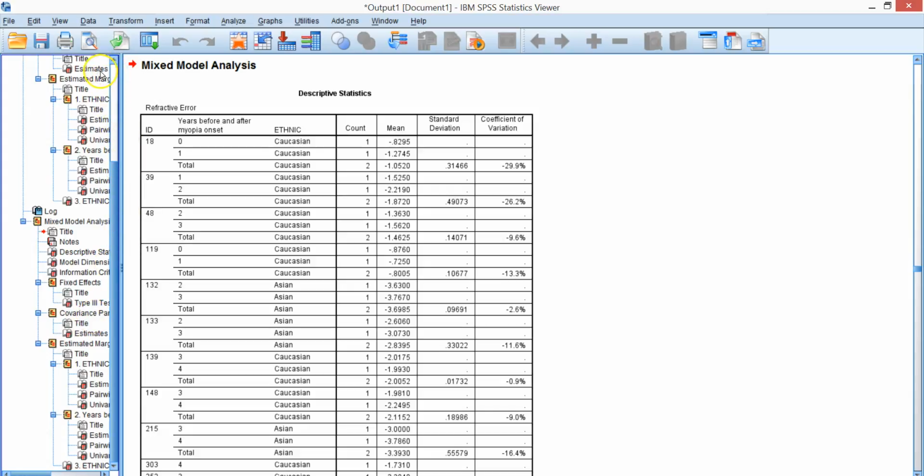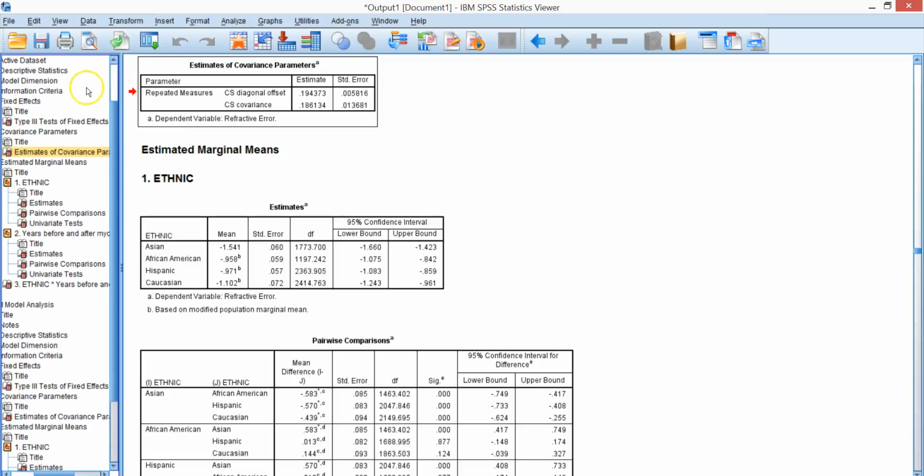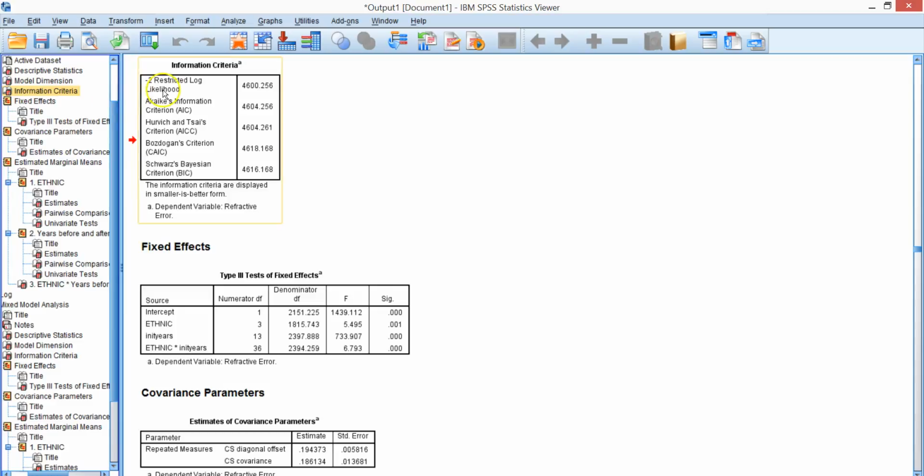So to remind ourselves, the Akaike was 4604, and the new one is 3882 or 3886. So that is a big difference. We dropped by 600 points almost.